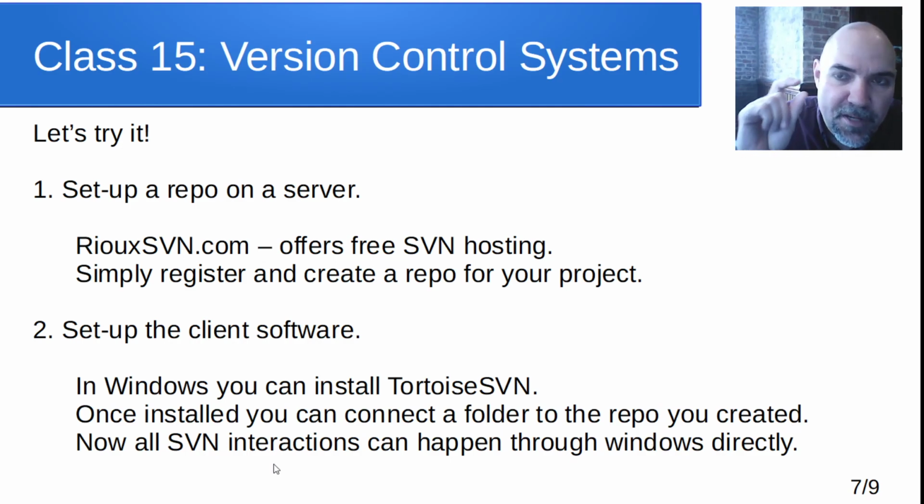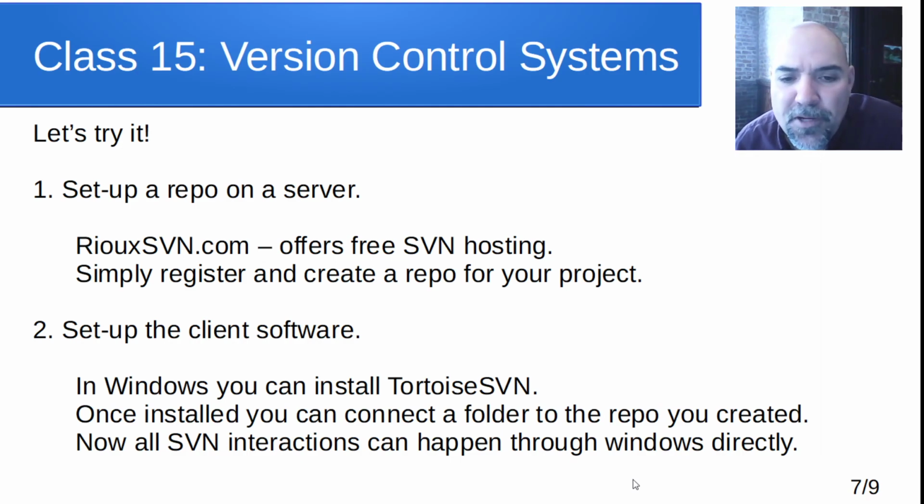So in other words, it's going to appear to you like just a normal folder in your normal operating system. But then all SVN interactions can happen through Windows directly. So you don't have to use any command line tools for SVN. If you use TortoiseSVN, you can still use command line tools if you want to do it that way. But Tortoise kind of integrates it all into the file explorer within Windows, and we'll take a look at that.